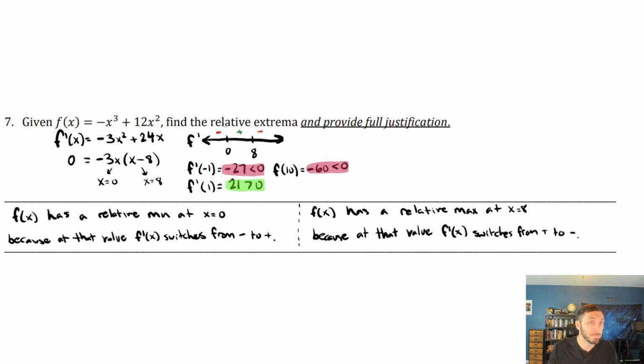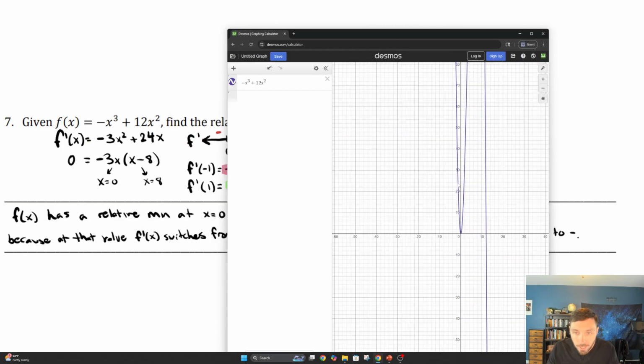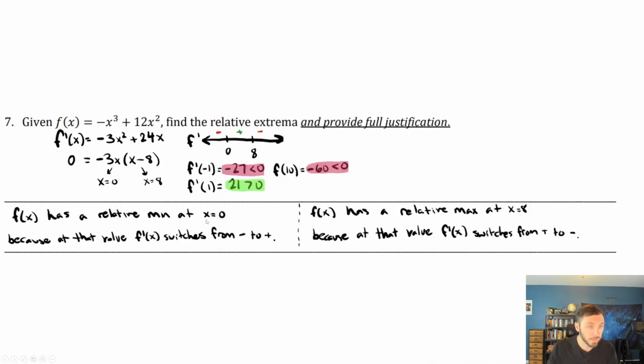Okay, so we found the two critical points. I plugged in -1, I plugged in 1, and I plugged in like 10. Those are my outputs. Those are my signs. So if I'm going from a negative slope to a positive slope at 0, that must be a minimum value. That must be a min.